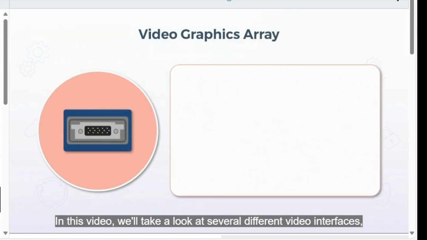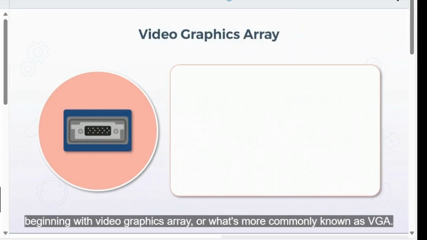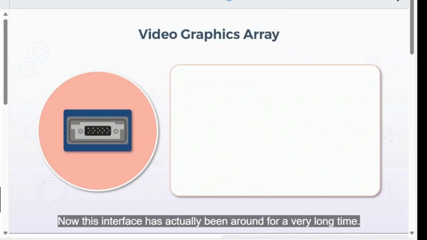In this video, we'll take a look at several different video interfaces, beginning with Video Graphics Array, or what's more commonly known as VGA. Now, this interface has actually been around for a very long time. I started my career in the mid-1990s, and it was already a well-established interface then.